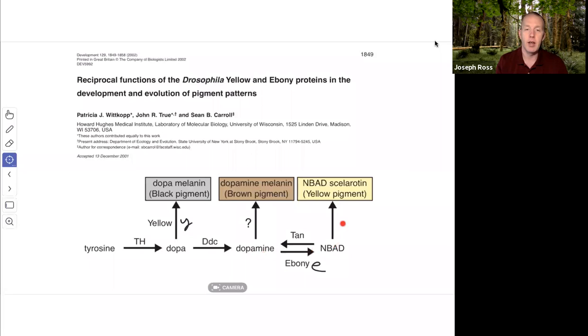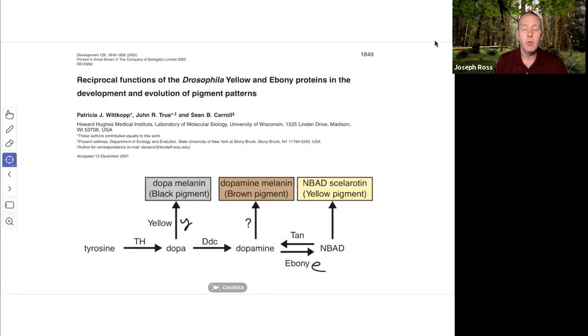And NBAD is then producing a yellow pigment, NBAD sclerotin. Wow, NBAD sclerotin. Probably pronouncing that wrong. First time I've ever heard of that.